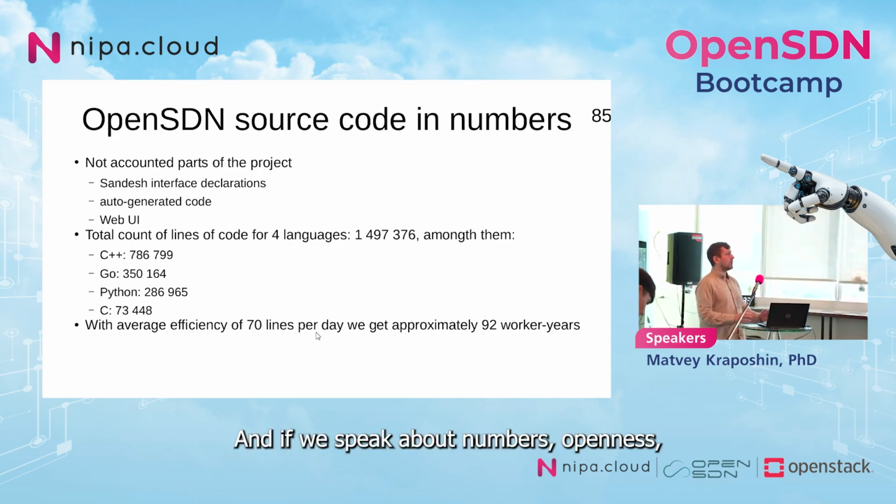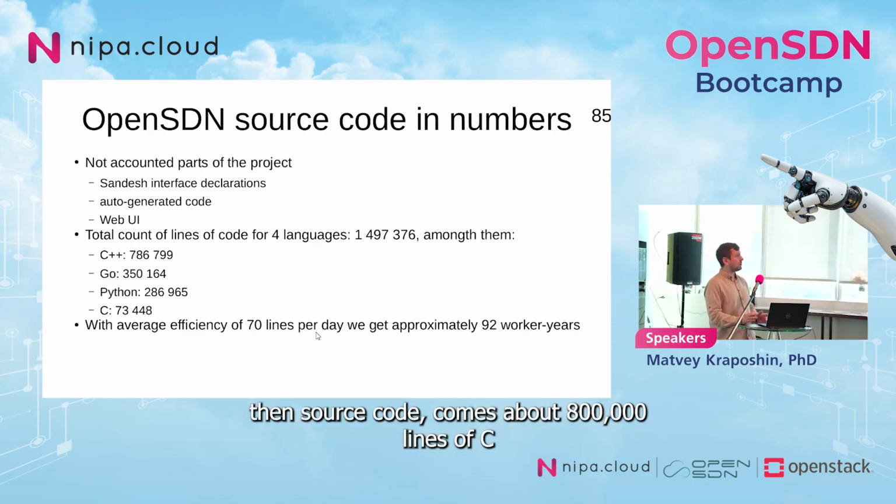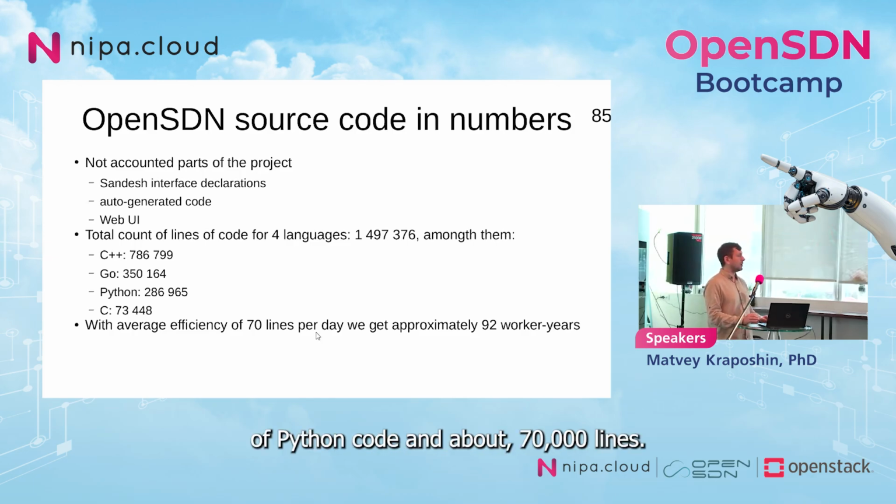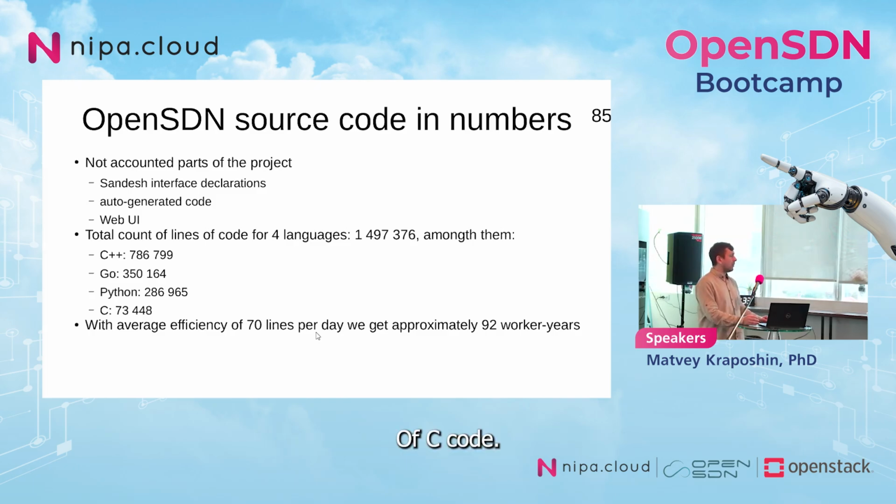And if we speak about numbers, OpenSDN source code counts about 800,000 lines of C++, 350,000 of Go, about 300,000 of Python code, and about 70,000 lines of C code.